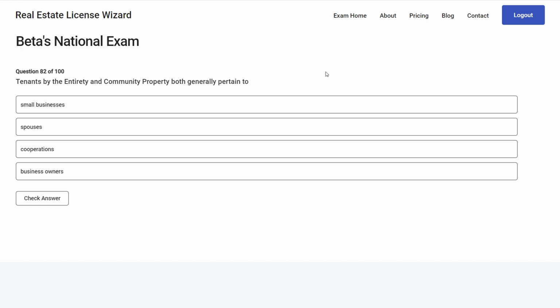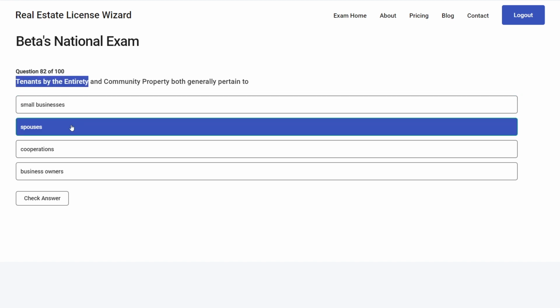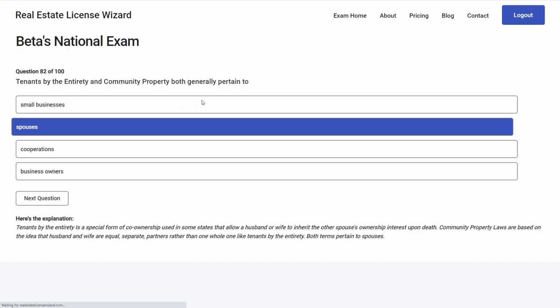Hopefully. So, you guys should know this. Hopefully you do. If not, you're going to learn. When we're talking about community property and tenants by the entirety, we're almost always talking about spouses. Because those are the two separate ways that ownership is divided and organized in different states.